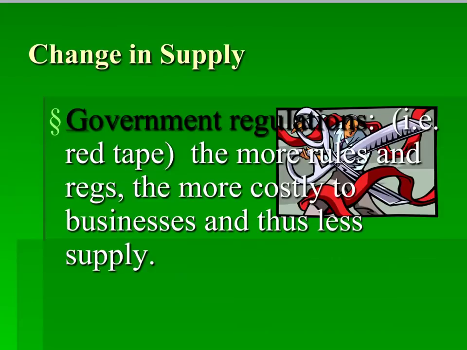Given one example, given it's probably outlandish, let's say I'm producing lemonade. The government comes up with a rule and regulation that says if you produce lemonade, you must perform 20 push-ups before you can make 1 pitcher of lemonade. So if I'm sitting out on the corner trying to sell my lemonade, if I'm going to follow the rules, I have to do 25 push-ups and then make a pitcher of lemonade.